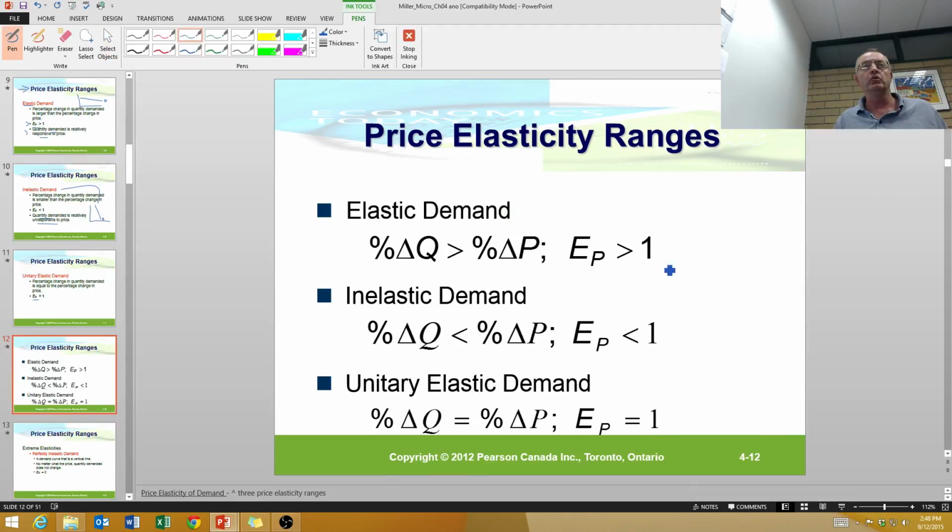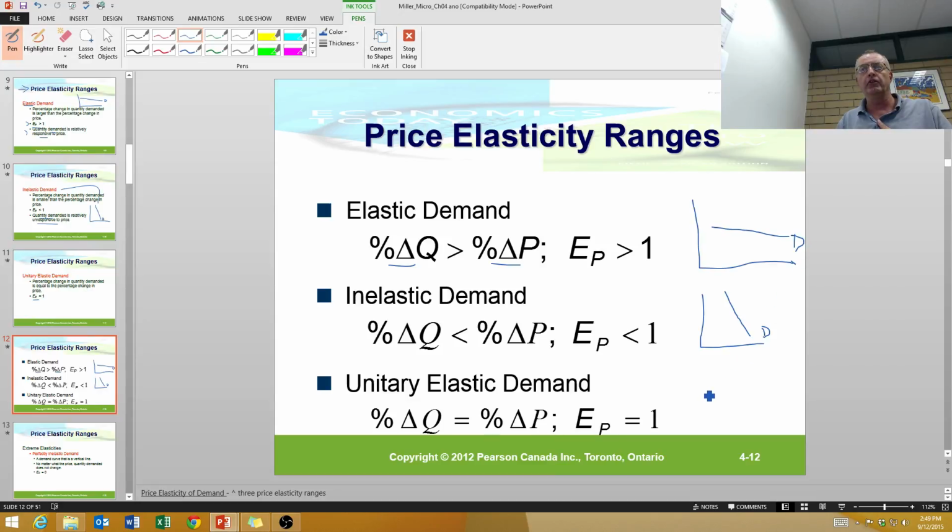So when we have elastic demand, the percentage change in quantity exceeds the percentage change in price. Elastic means our demand curve is relatively flat. Inelastic demand, the percentage change in quantity is less than the percentage change in price, which means our demand curve is relatively steep.